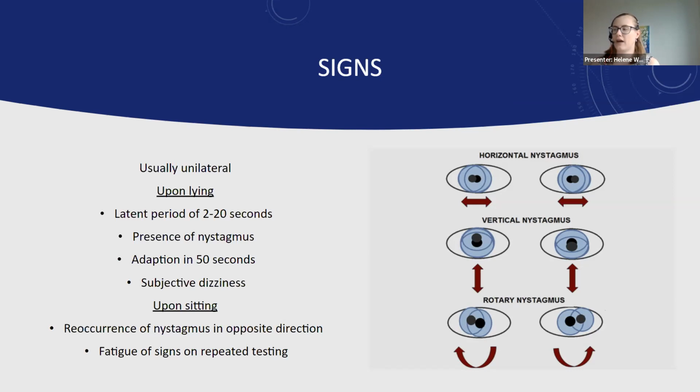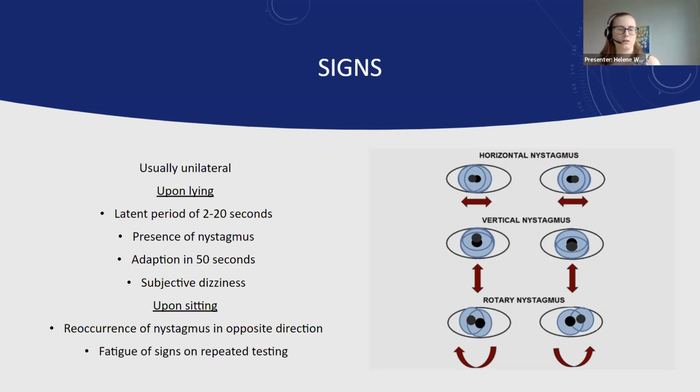So that same process occurs, except the head is not moving, but you still get the eye movement, and that's what we're looking for. There's a few different types of nystagmus which we'll go through, which give you an indication of which canal is affected. You might have the eyes moving to the side, moving up and down, or actually rotating in space.